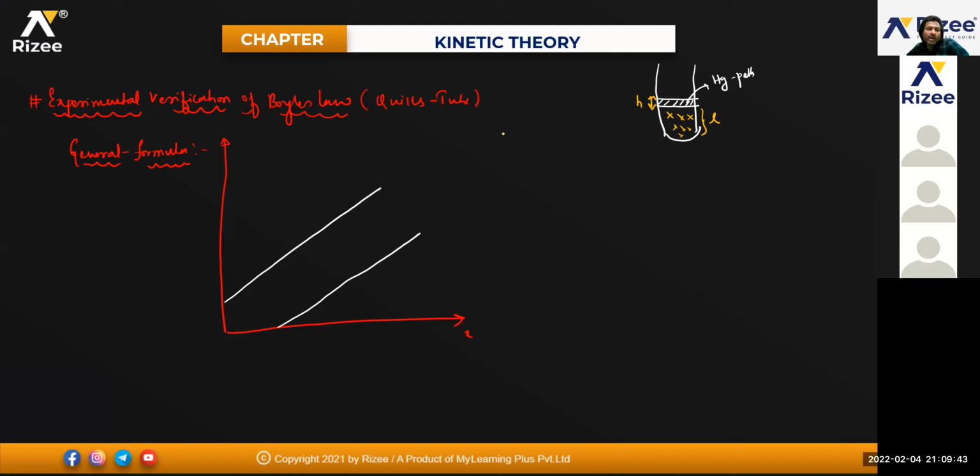Okay, experimental verification, see. What do you mean by a quill tube? A quill tube is like a test tube in which a certain amount of gas is filled, say up to the length L, and it is covered by a mercury pellet.